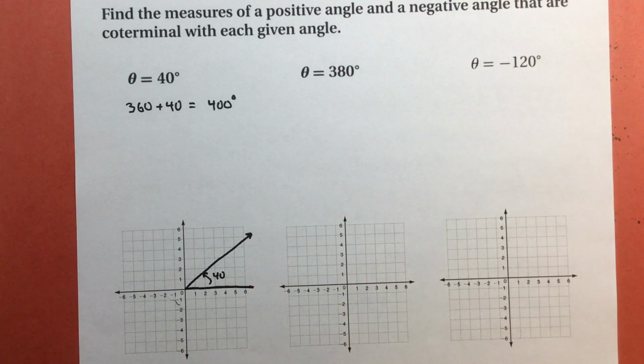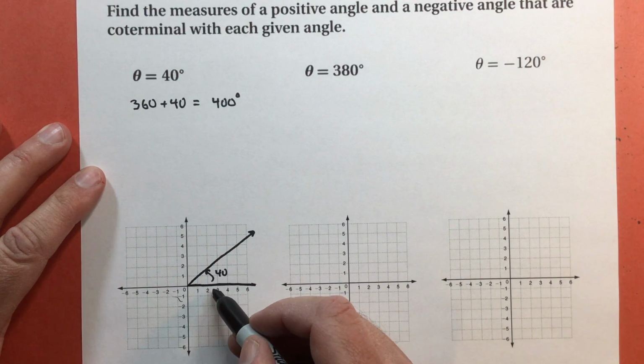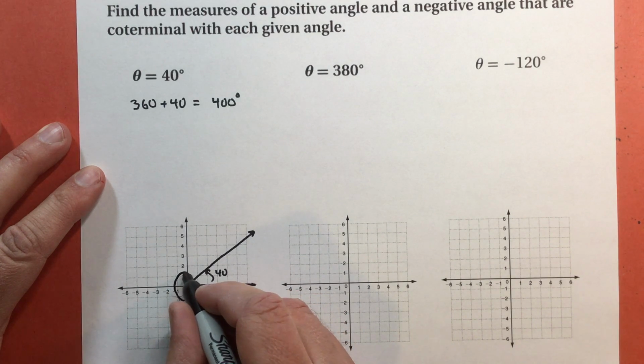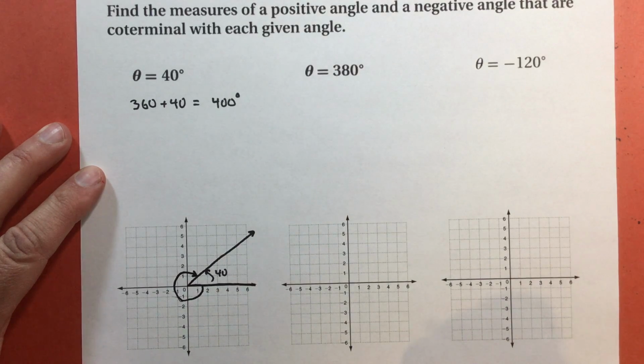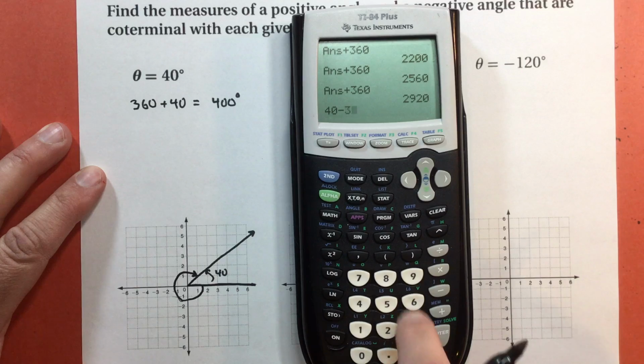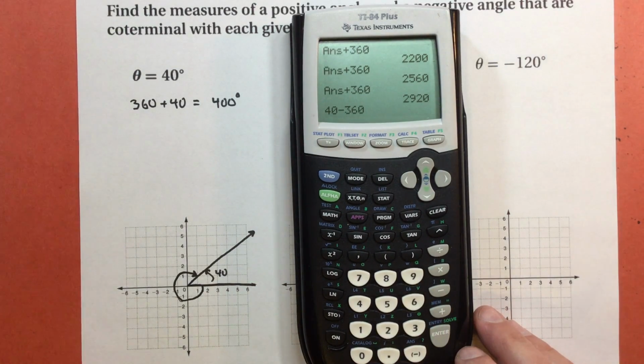To get a negative angle rotation, I'm going to go the other direction. But to go the other direction, I have to go all the way around and get here. So I could try 40, and if I subtract 360, and again, the positive and negative just tell me the direction. Positive angles of rotation go counterclockwise.